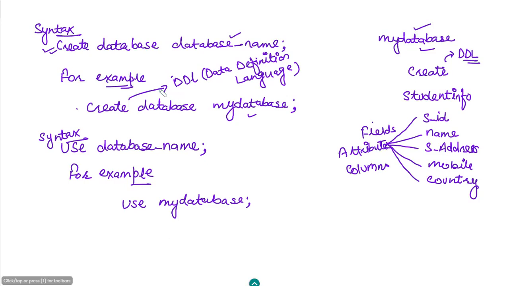So now we will create a table with the name student info, which is having these fields: student ID, name, student address, mobile, and country, right? So let's create a table with name student info, right?